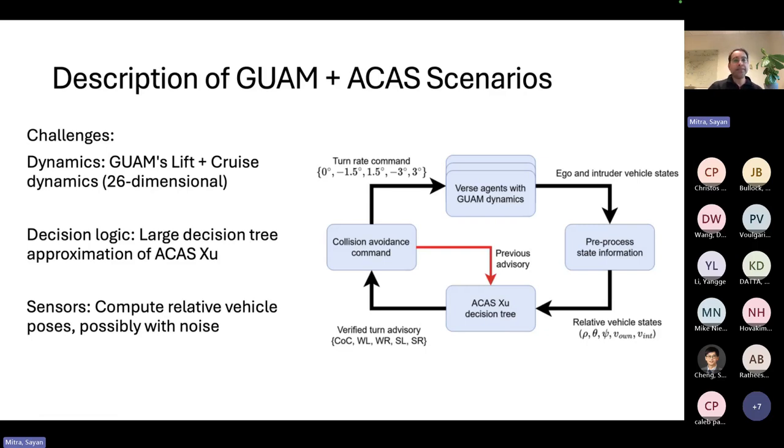Okay, so that's what's running in the closed loop. And there is this additional complexity coming from the sensors, which are nominally measuring the relative distance between the aircraft, but it could also be more complicated if you want to study, for example, noisy sensors. Okay. Any questions about the scenario or the kinds of scenarios that we are trying to study here?